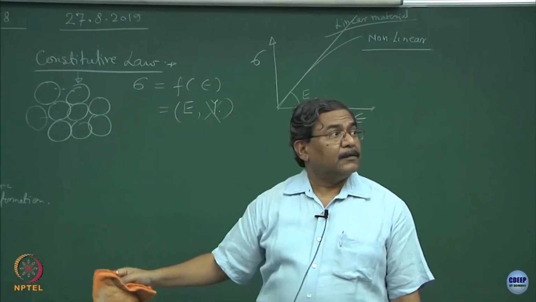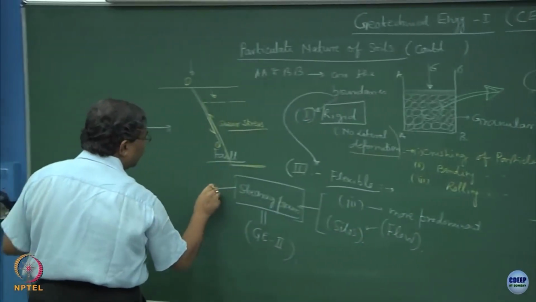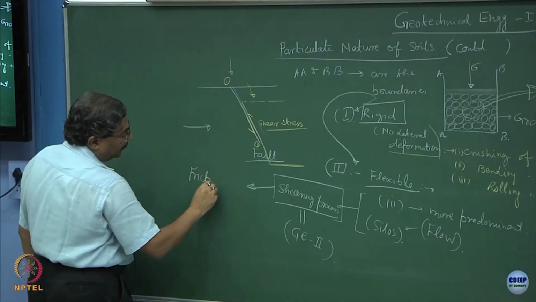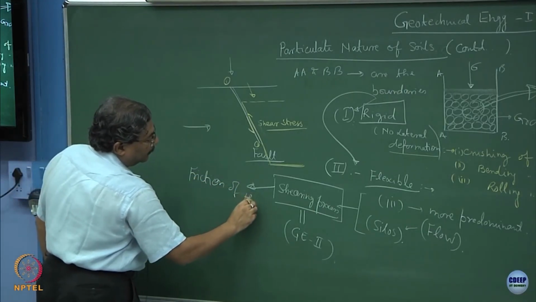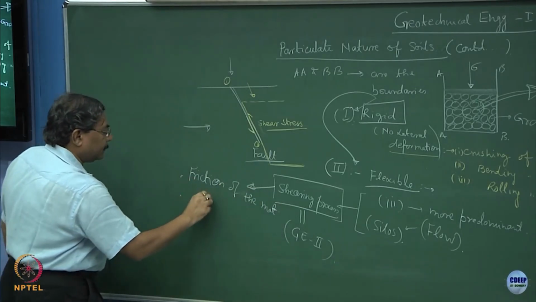So, what is the difference between cohesion and friction? These are the two components of the shear strength. Shear strength can be mobilized either by way of friction of the material or because of the cohesion.